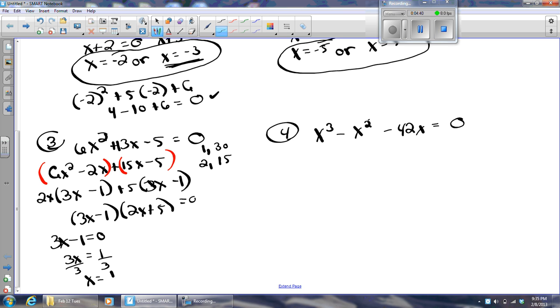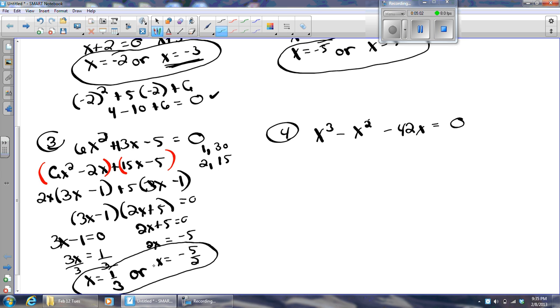X equals 1/3. I take 2x plus 5, set it equal to 0, solve for x. X equals -5/2, or -2.5. So my two solutions for x in this problem are 1/3 and -5/2.